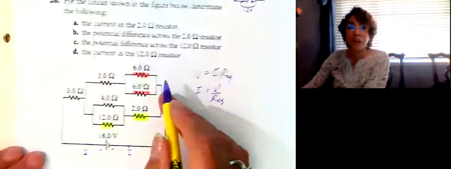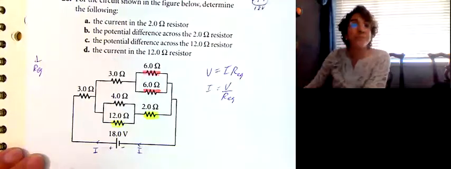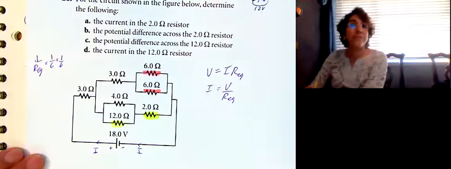How do I know that? Well, 1 over R equivalent is equal to 1 over 6 plus 1 over 6. I happen to know that's 2 over 6. So I take the reciprocal, which is 6 over 2, which is equal to 3 ohms.